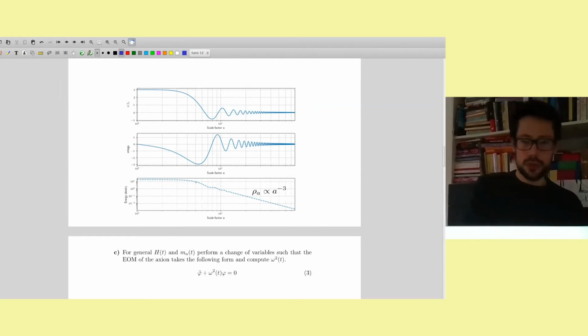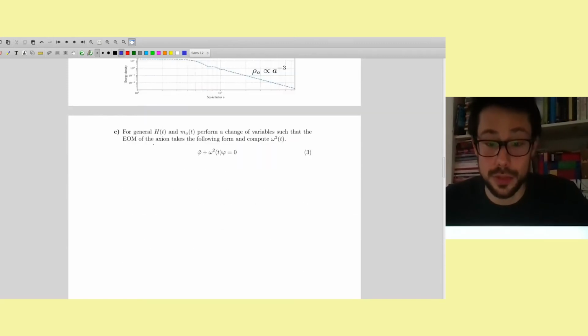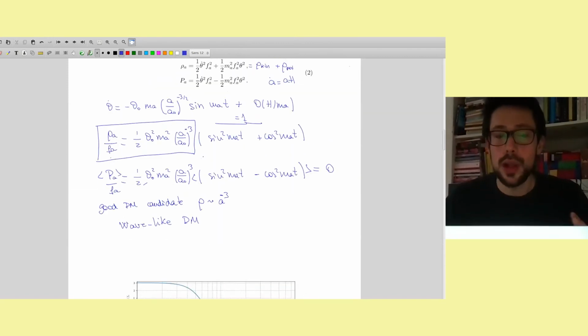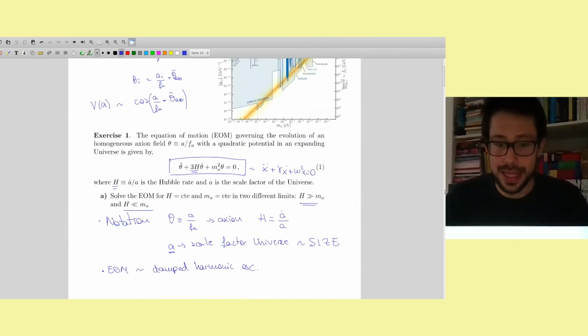Okay, so the next exercise was suggesting to make a change of variables, because until now we have been solving a really simple equation, the one we have here. This differential equation is in the limit in which the Hubble parameter is constant and the mass is constant.